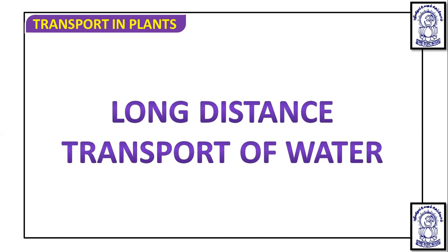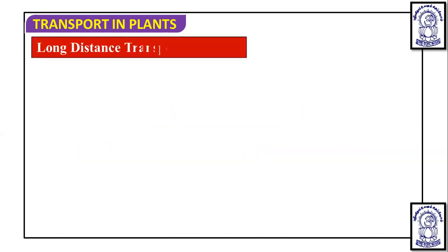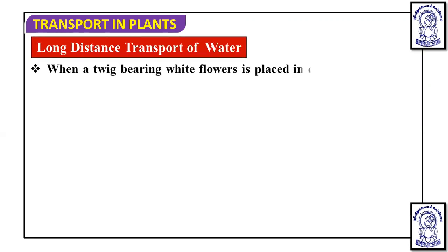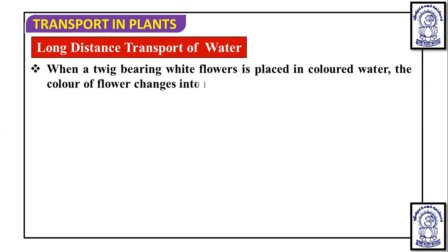So, to discuss long distance transport of water, let us take a simple experiment. If we take a twig, a short piece of stem which has a white flower, and place it in colored water, the color of the flower changes into the respective color of the solution.